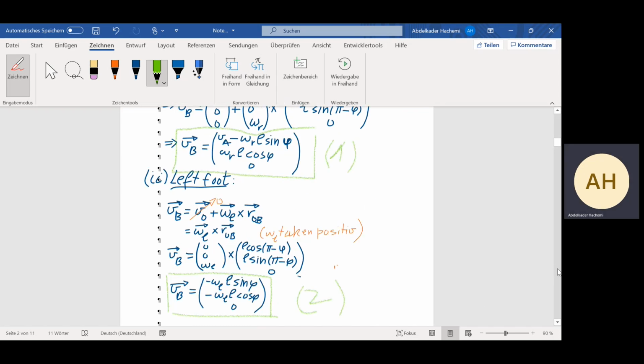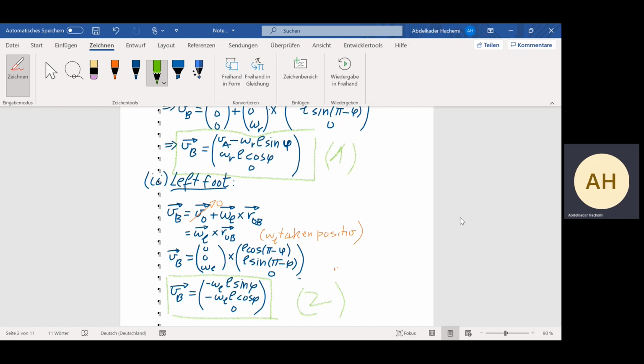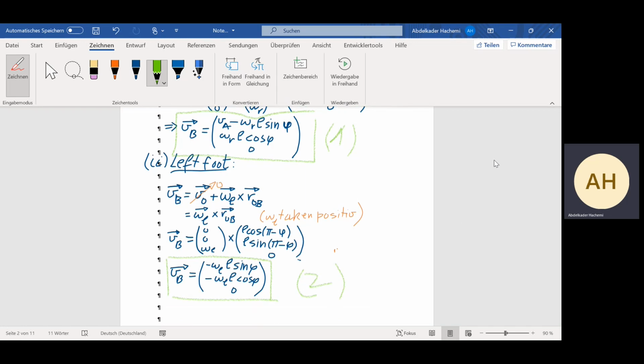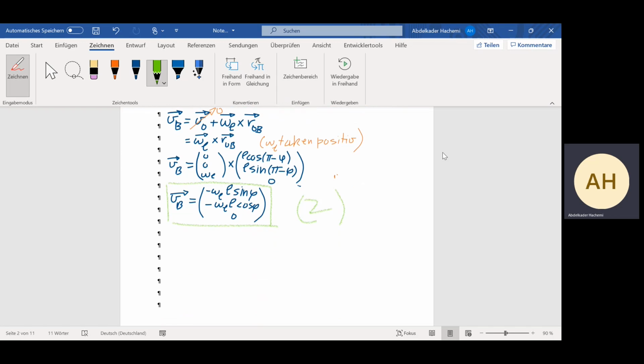We have to make only the equality between the two terms.